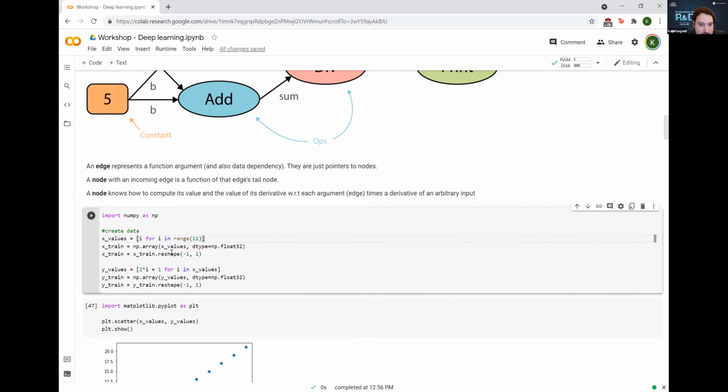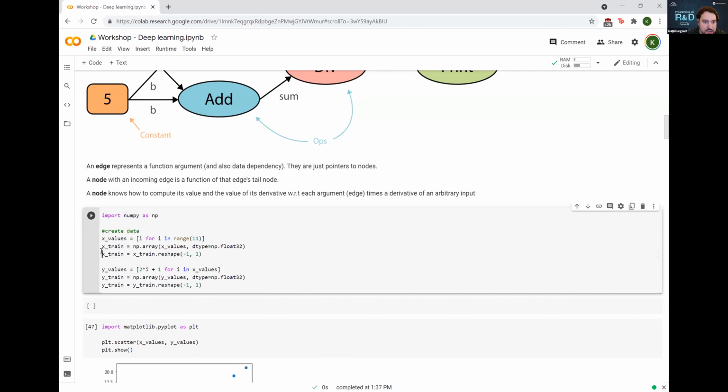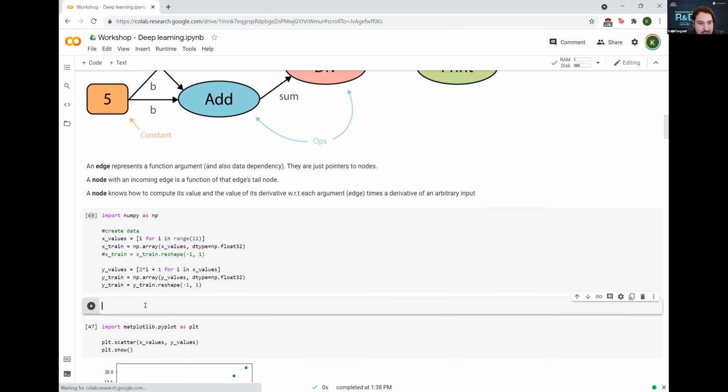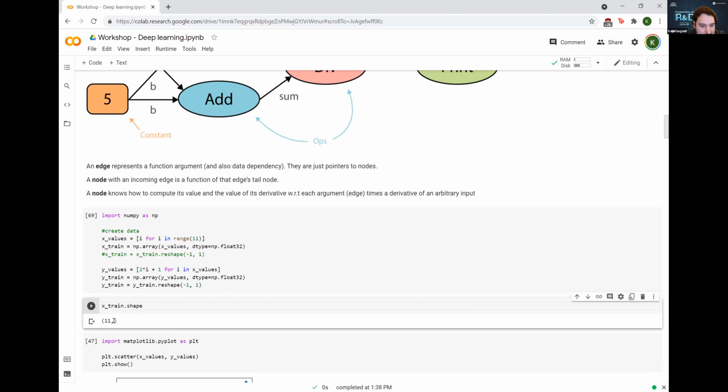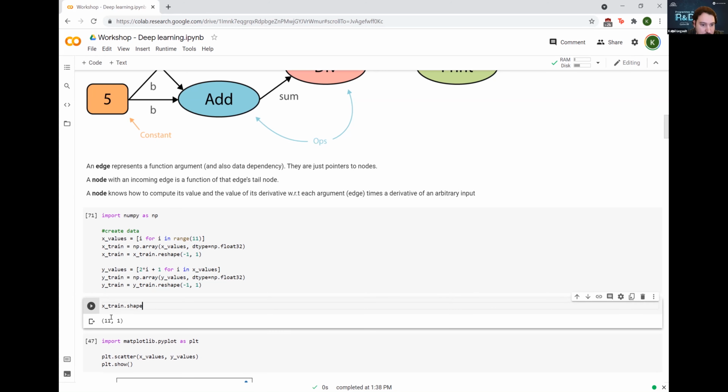I need to reshape this, because if I just create a NumPy array from a list, it's not going to have the type of dimension I'm looking for. If I look at the shape, I can see it's just 11 and then a comma, and there's a dimension missing. So I'm doing the reshape to add that missing unit dimension. You can see now we have 11 times 1, so we have a true column vector.